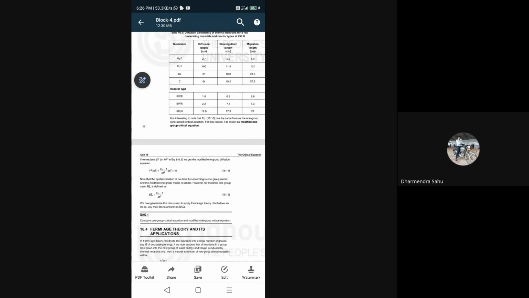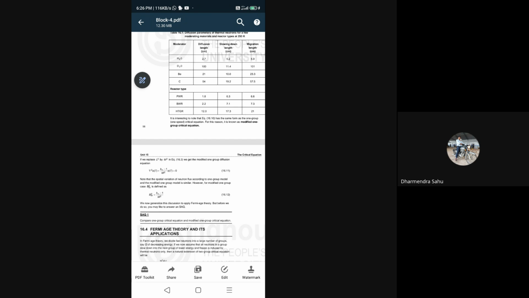So, the modified one group critical equation has the same form as that of the one group or one speed critical equation. If we replace L square by M square, we get the modified one group diffusion equation. In your one group diffusion equation, there is an L square term, and in the modified one group diffusion equation, you have an M square term, where M is your migration length.